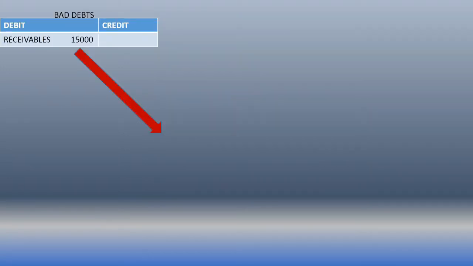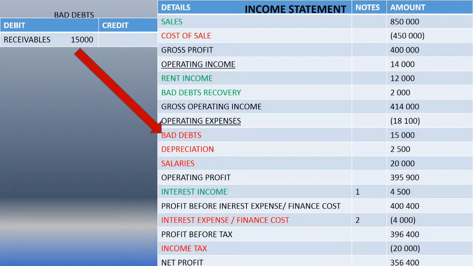Let me make an example of bad debts. When you're talking about bad debt, we are talking about an insolvent or irrecoverable customer. That means we granted a customer goods worth 15,000. He or she won't be able to pay that 15,000 back because of liquidity problems, or maybe the business contract is over.